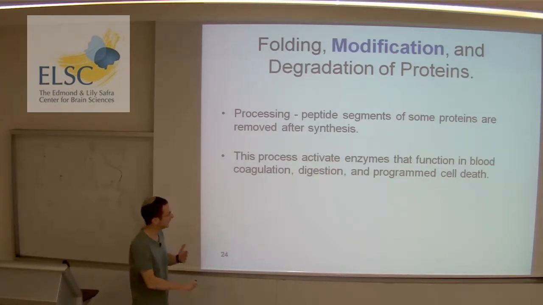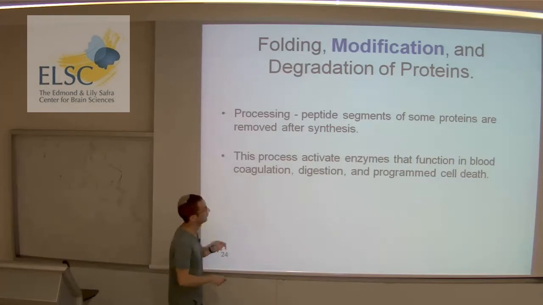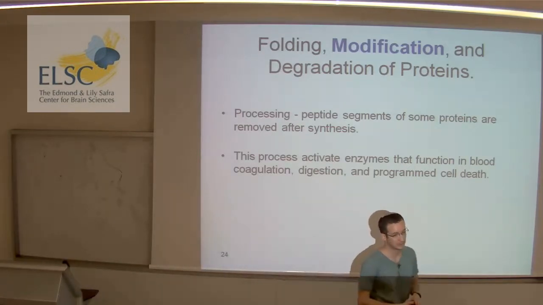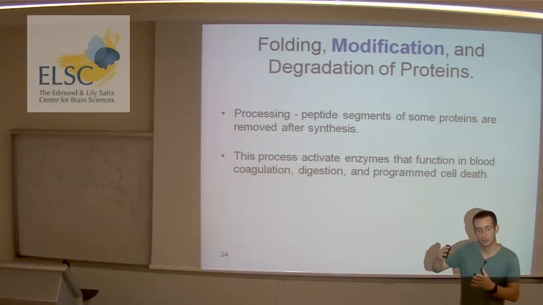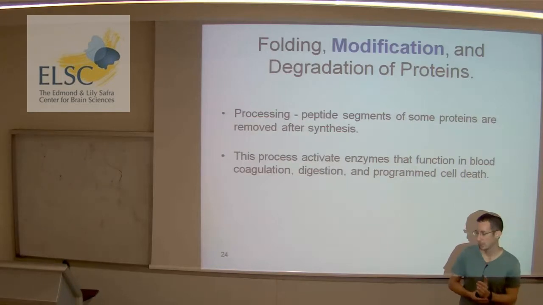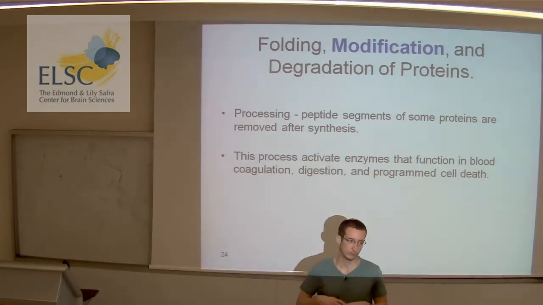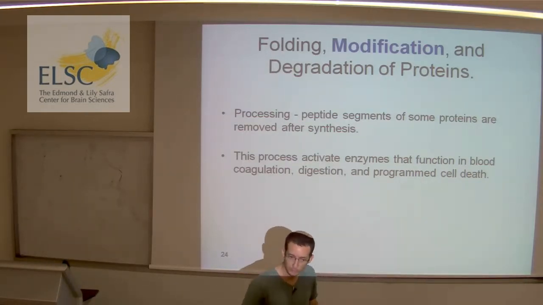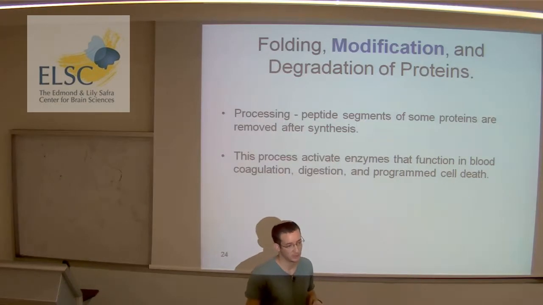So, for instance, in blood coagulation, you sometimes find processing of proteins in the sense that some fragments of them are removed. When we are injured and start to bleed, some fragments from some proteins are removed, and this causes these proteins to gain some function. In this specific case, to aggregate to one another and coagulate, and the bleeding stops.